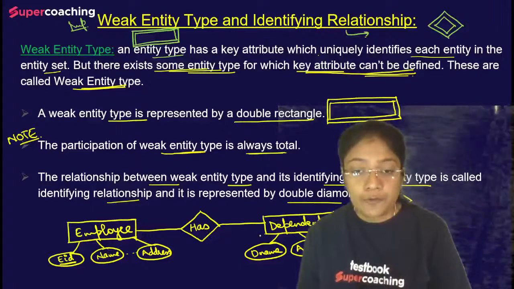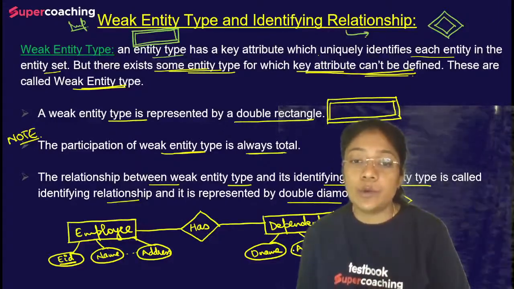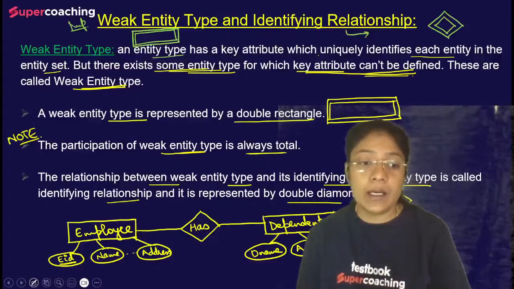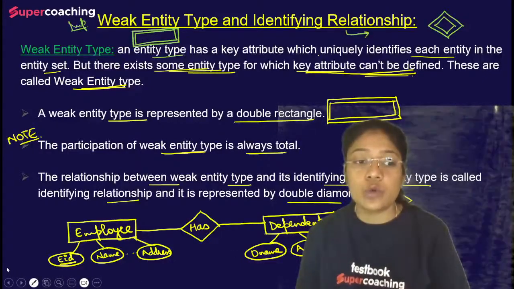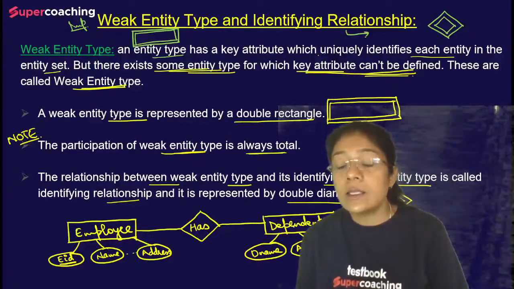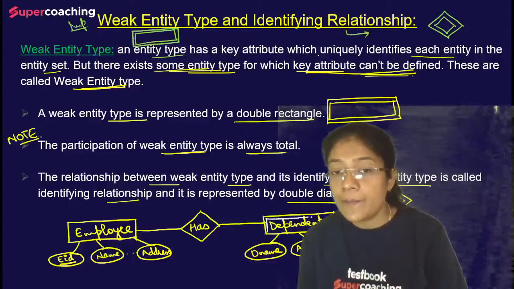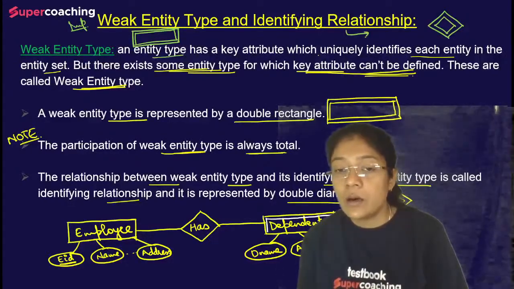So if you see here, there is no attribute which can be considered as the key attribute. So we can say that the dependent is not having any key attribute. So this is nothing but the weak entity, because here the key attribute is missing. So we'll be constructing it by using the double rectangle. This is dependent.